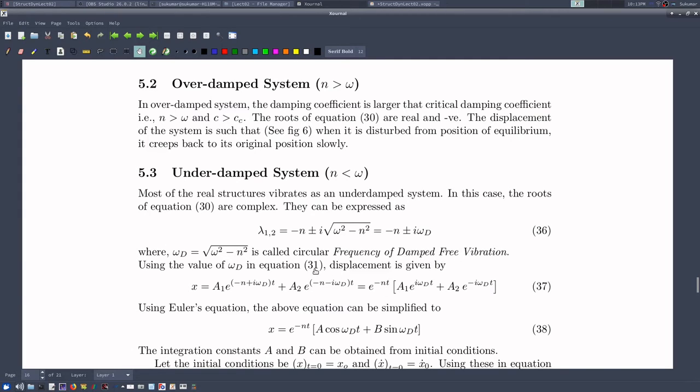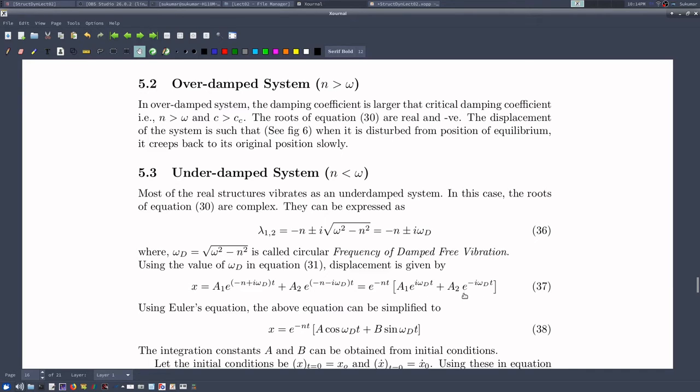In that case, what will be my solution of the equation of motion? We have got that x was equal to a1 e to the power lambda 1t plus a2 e to the power lambda 2t. When I put the values of lambda 1 and lambda 2 here, I get these quantities. If I take e to the power minus nt common, then I get these terms.